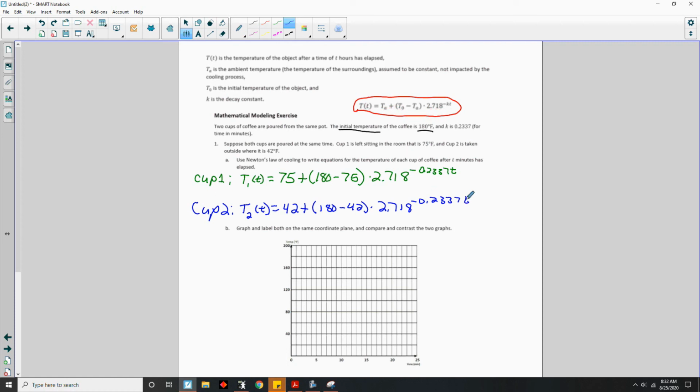So there are the two different equations. The only difference is our T sub A, 75 or 42.